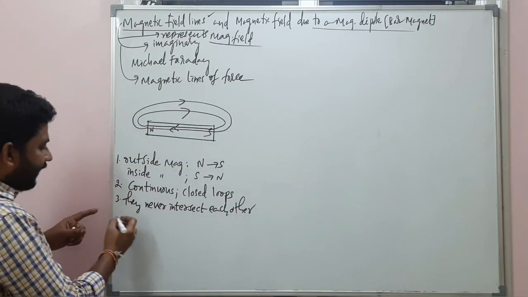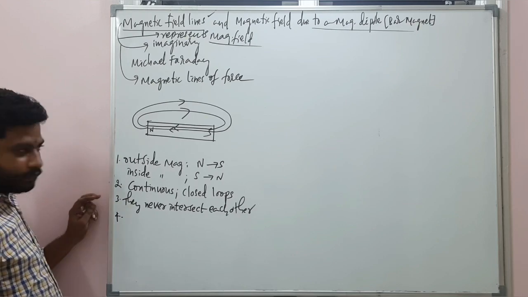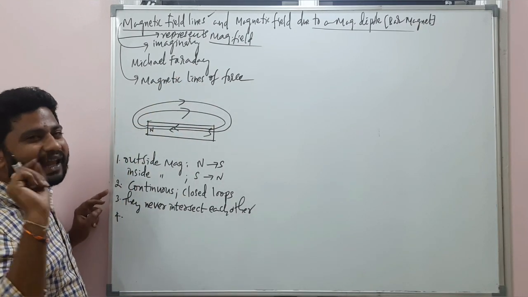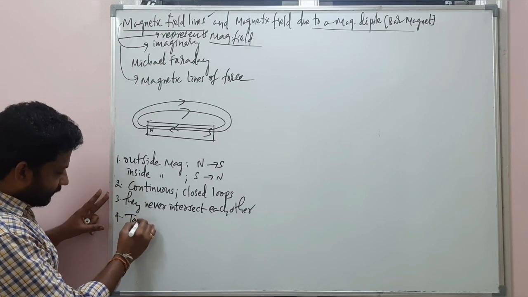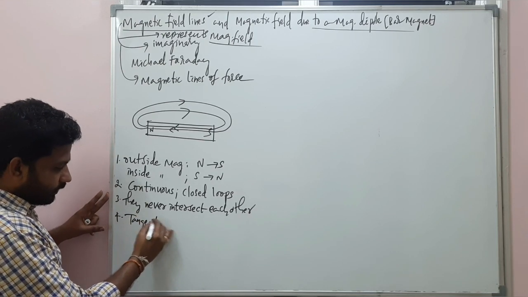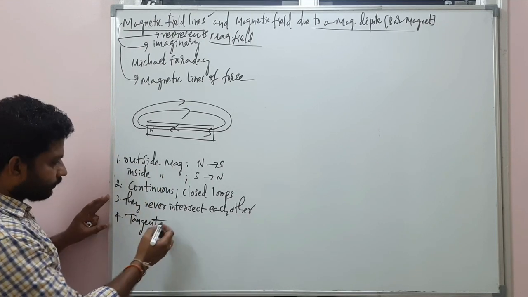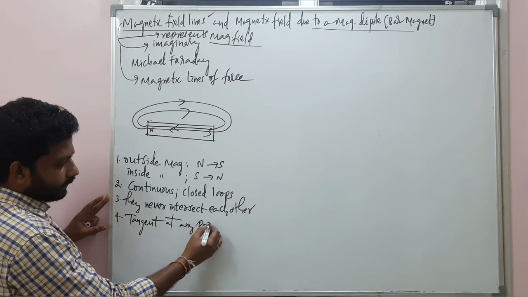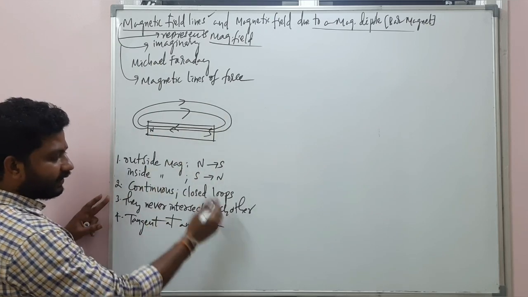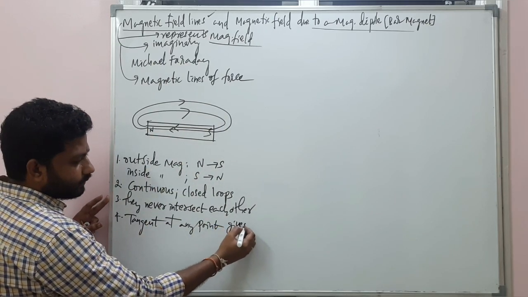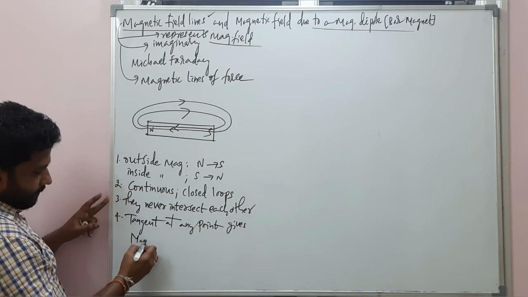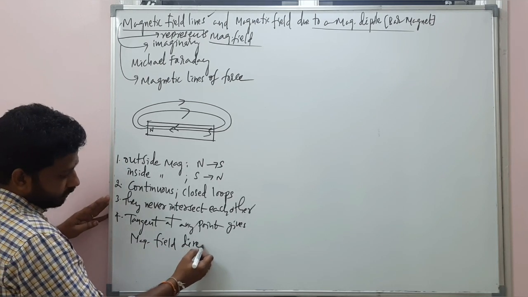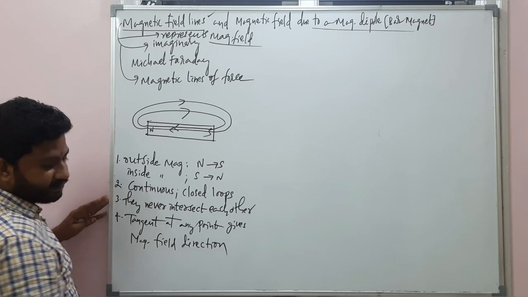To get the answer, you should know one important thing. At any point on the magnetic field line, if you draw a tangent, it gives the magnetic field direction.